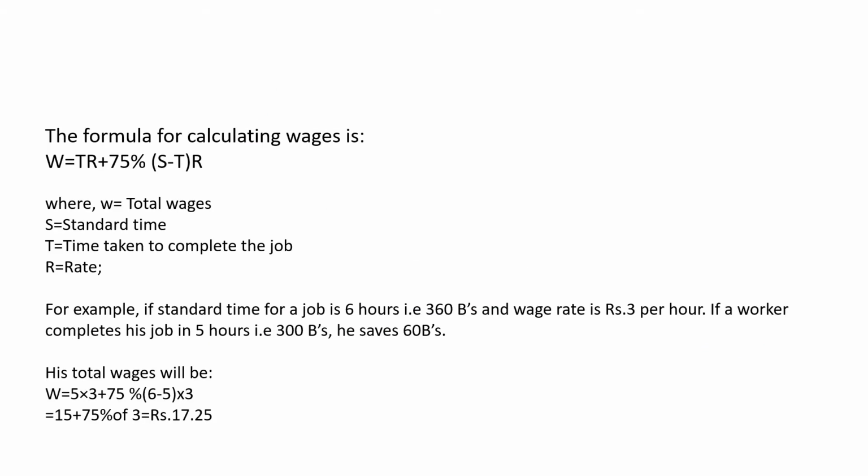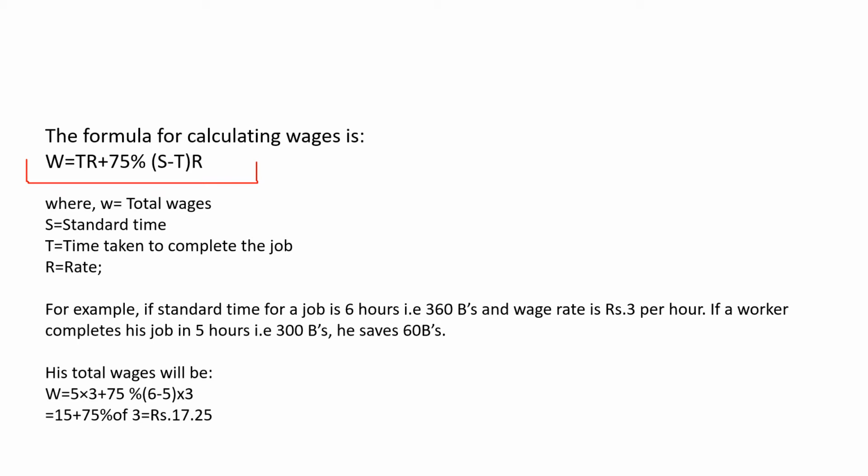There's a simple formula that you have to remember for calculating the wage under the Bedaux plan, that is W = TR + 75% of (S - T) × R. W means total wage, T is time taken, R is rate, S is standard time, and S minus T is standard time minus time taken.